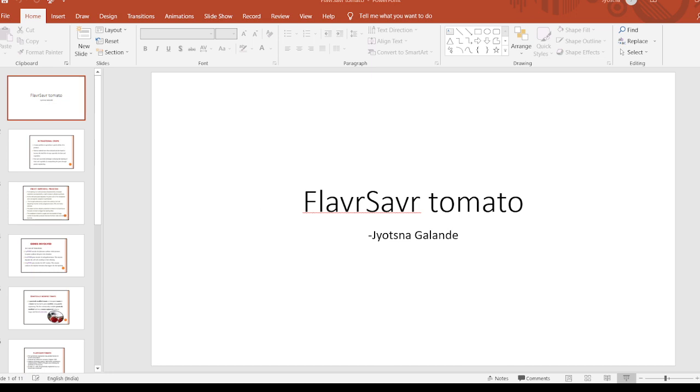This crop was produced by one company, namely Calgene, in 1992. What technique did they use? They used antisense RNA technology. Last year you may have studied what miRNA and siRNA are and what their role is, right?